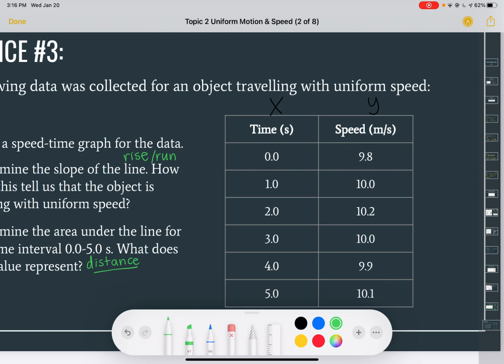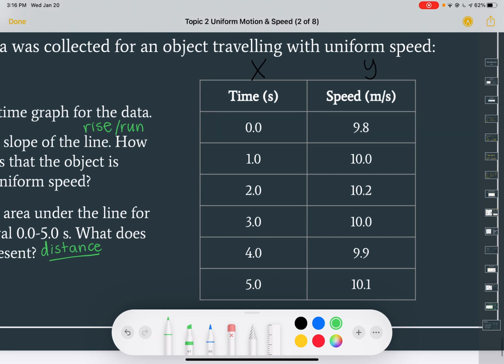or looking at the graph. And by looking at this data, I'm just going to look at it without doing a graph. You can maybe find some patterns. So between 9.8 and 10 here, it goes up by 0.2. Then from here to here, it goes up by 0.2. Then from here to here, it goes down by 0.2. Then it goes down by 0.1.